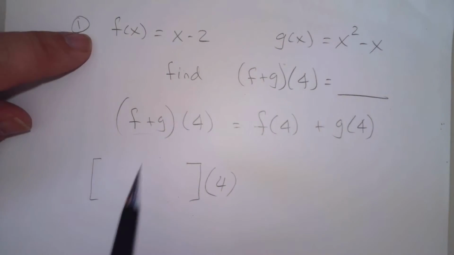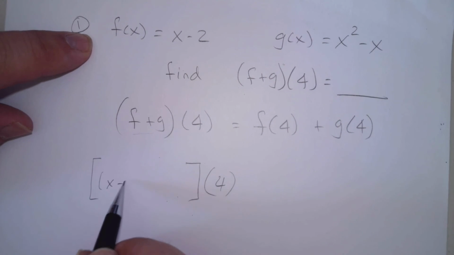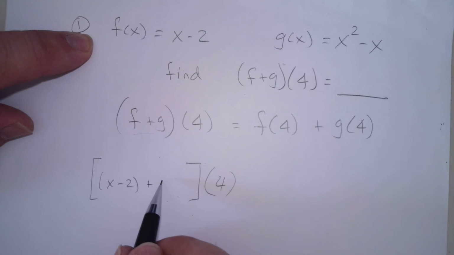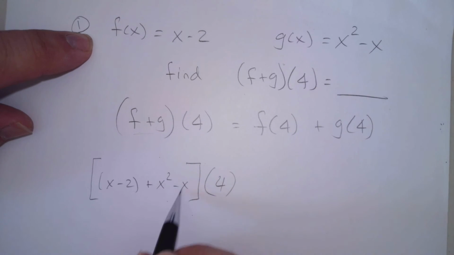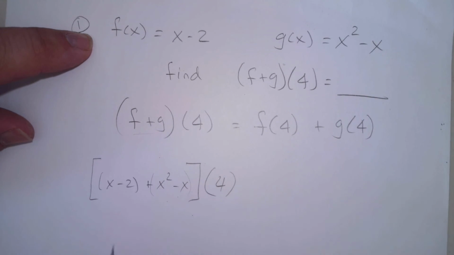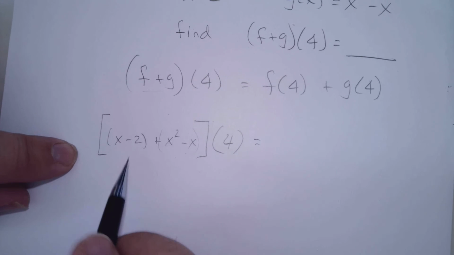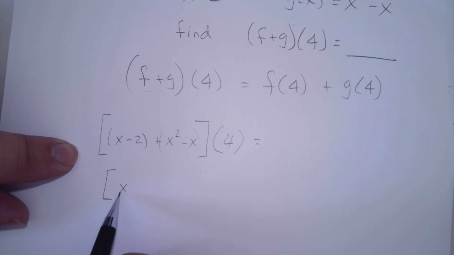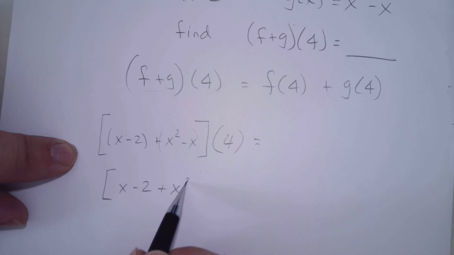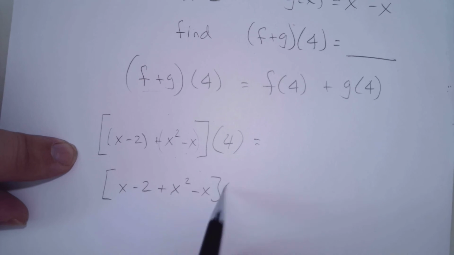So let's put these together in there. So it's x minus 2 plus x squared minus x. We don't need the parentheses, so we just go ahead and add the numbers. x minus 2 plus x squared minus x of 4.